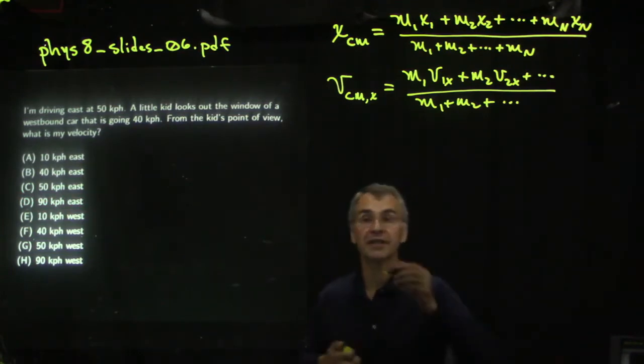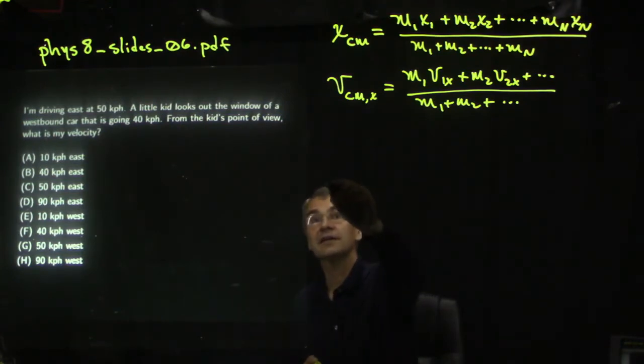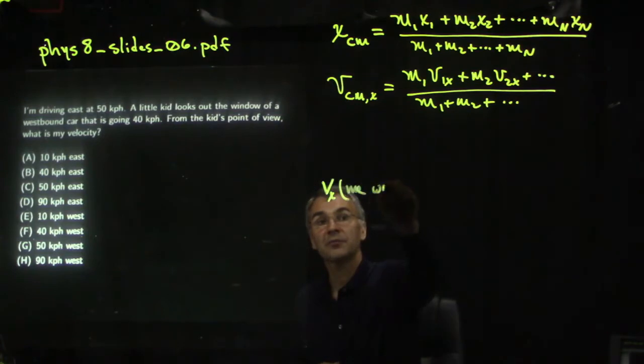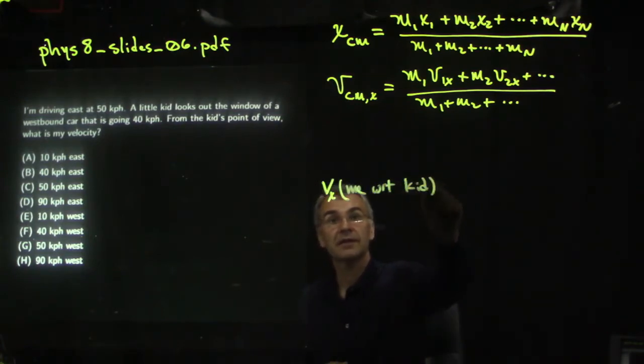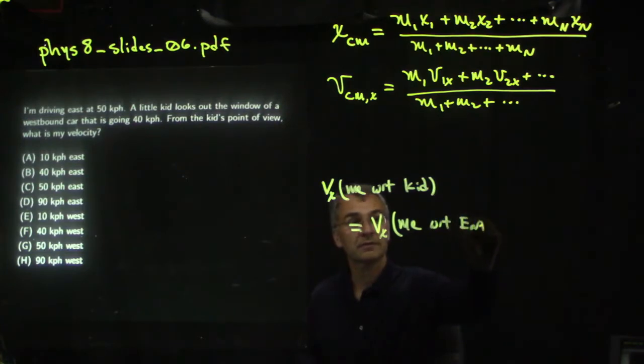And again, the way you look at that is you say the x velocity of me with respect to the kid is the x velocity of me with respect to Earth minus the x component velocity of the kid with respect to Earth.